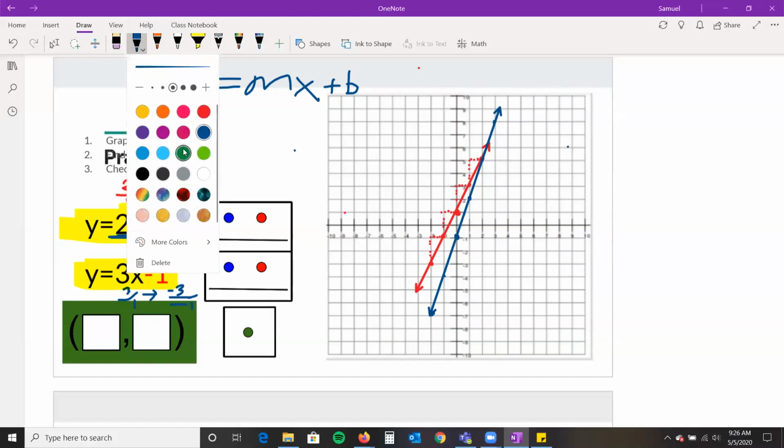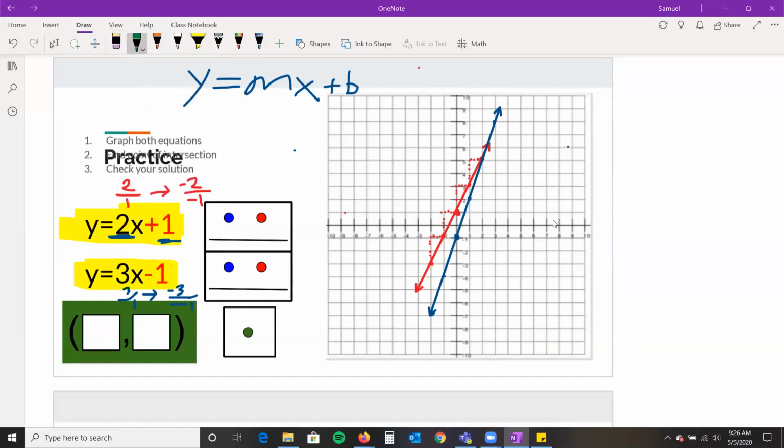They're pretty close, right? They're going to go farther and farther away once they hit each other, but it looks like they intersect right here, and that's at 2, 5. Okay, so it looks like that's our answer, and we're pretty confident.